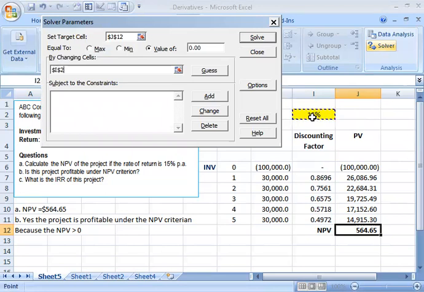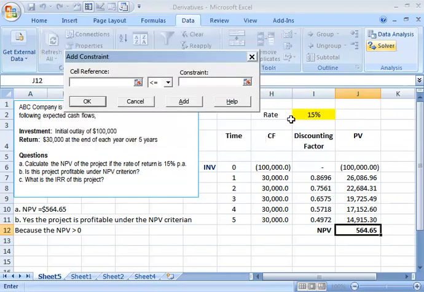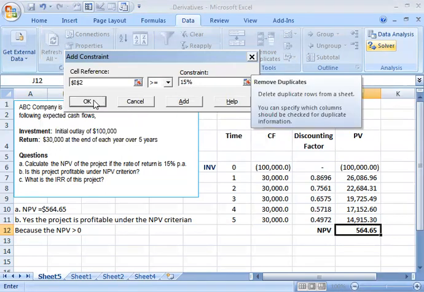And by changing which cell? We are going to change only the rate. So by changing this cell, we can add a constraint where this cell is greater than 0 and greater than 15%, let's say, or greater than 0, whatever. Let's say greater than 15%. This is the starting point. So let's see what we are getting.